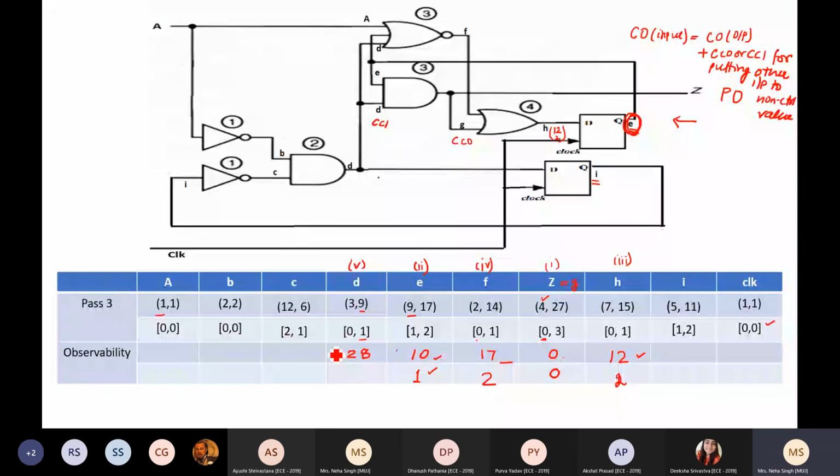Sequential observability 2 plus 0. No, A we are calculating. 2 plus D's 3 is 3. Okay.